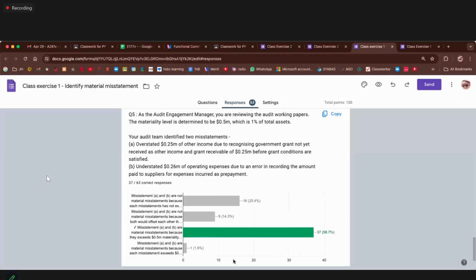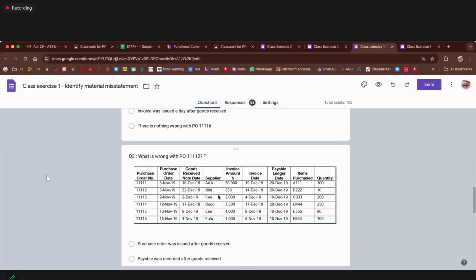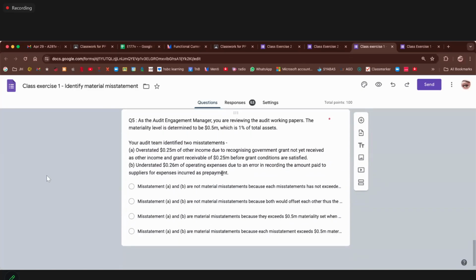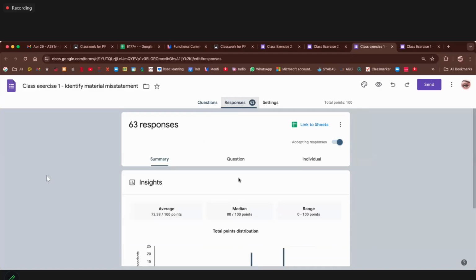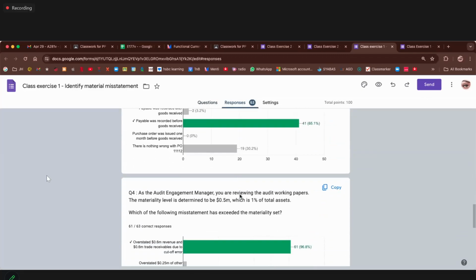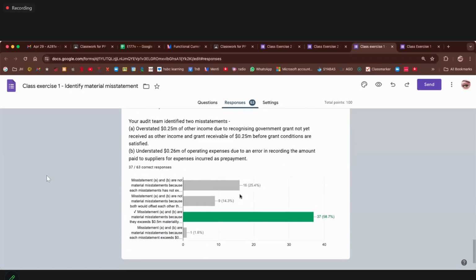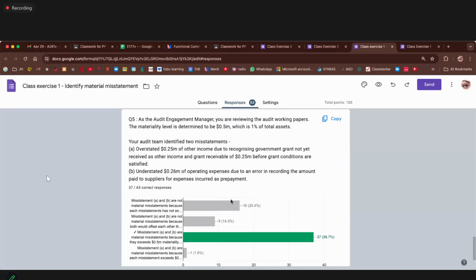So if you look at the question, they ask you about the material misstatement. They actually ask you true and false. Which one is considered a material misstatement? But if you look at the question, they didn't suggest much. They ask you about the statement.